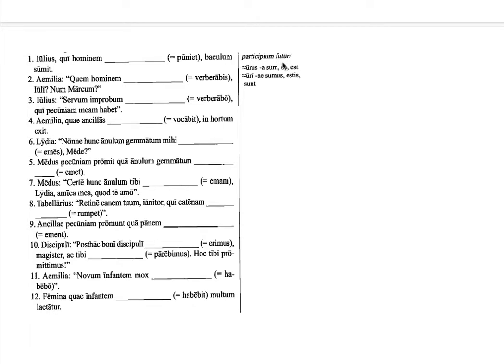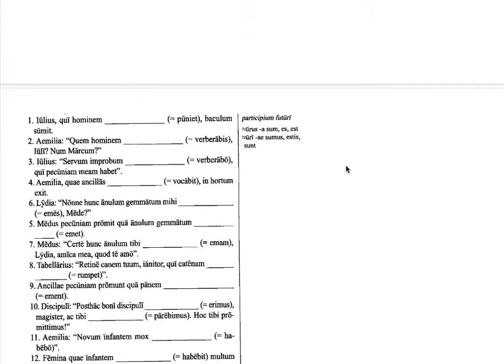You've seen other participles before, but this one is called the future participle. Basically, you combine this future participle with forms of the verb esse to create another way to say something that will happen in the future. Instead of just a simple future verb, you can also use this future participle combined with sum, es, est, sumus, estis, and sunt.